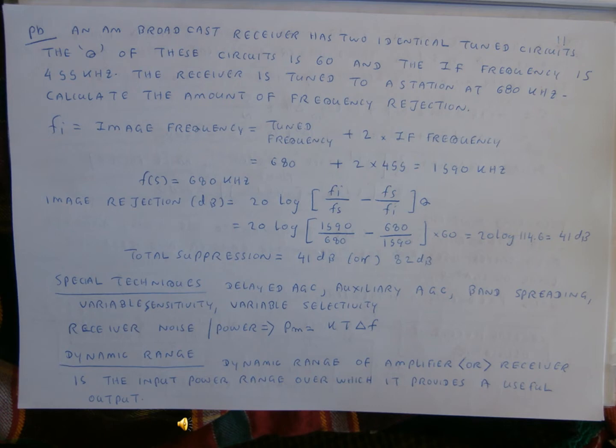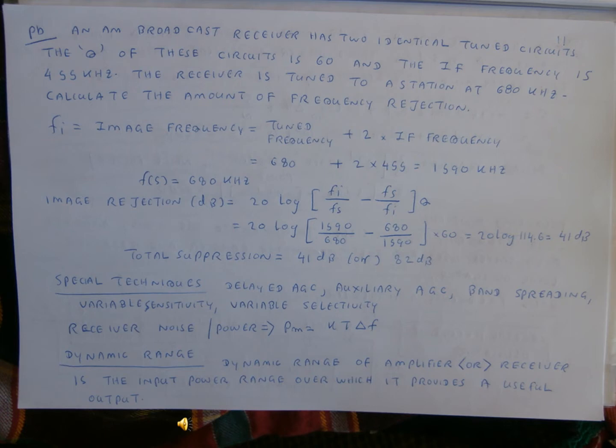Now Fs equals 380 kilohertz. Image rejection in dB is 20 log Fi divided by Fs minus Fs divided by Fi, multiplied by Q, so 20 log of 1590 by 380 minus 380 by 1590, multiplied by 60. That is 20 log 114.6, which gives 41 dB, and the total is 41 dB times 2, or 82 dB.